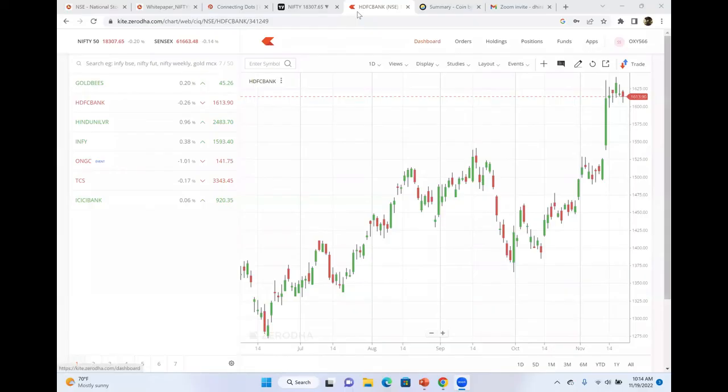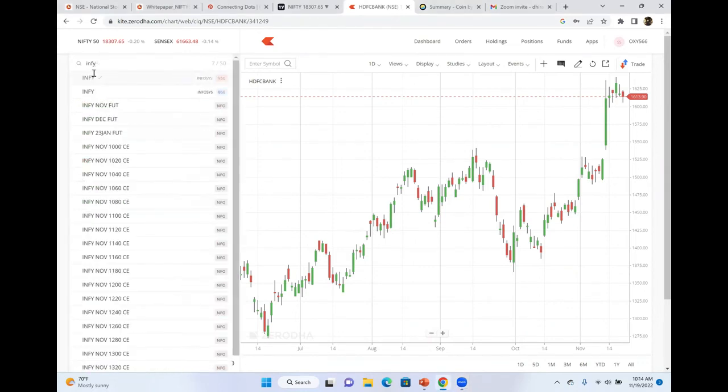Okay, so now I'm back to the Zerodha screen. Now, what do you see here? You see a certain chart. How do I come here? Let's say, as I was telling you, for example, I want to see the Infosys chart. Infy is already added here.